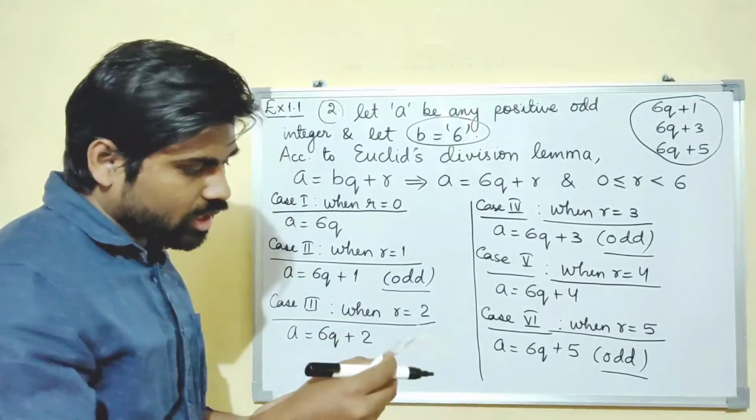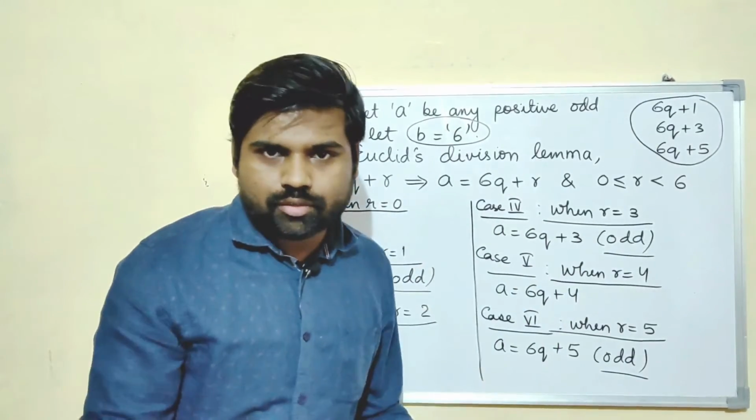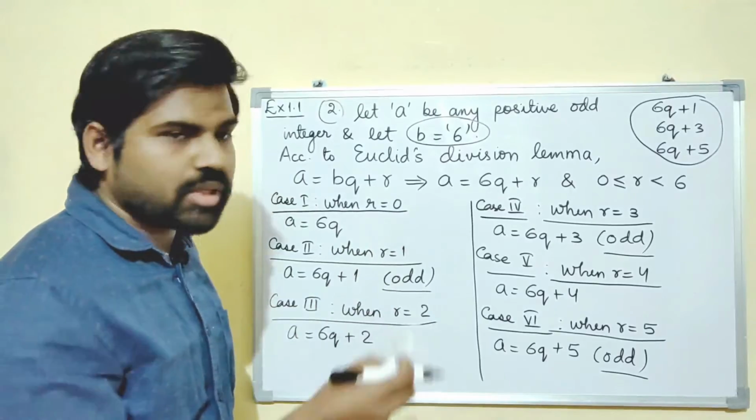Now let us see the fourth question, because the third question is of different type. We'll discuss it in the next video. The fourth question says, let me just rub it for you.